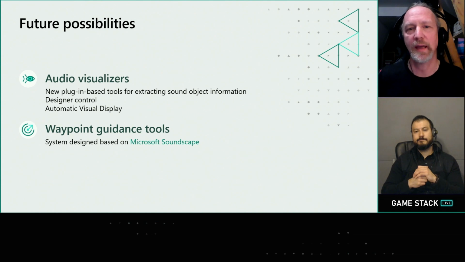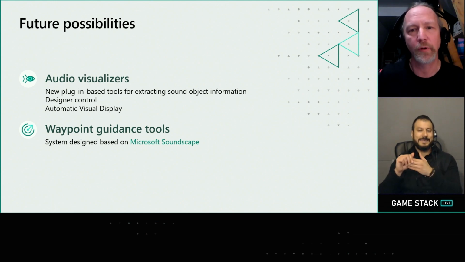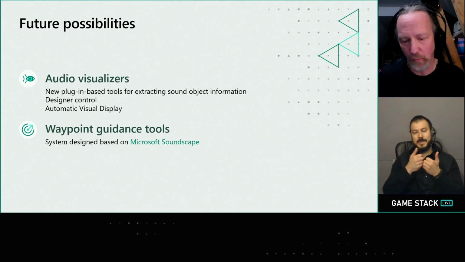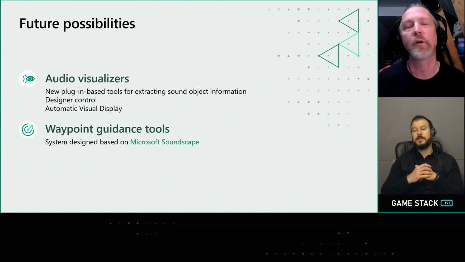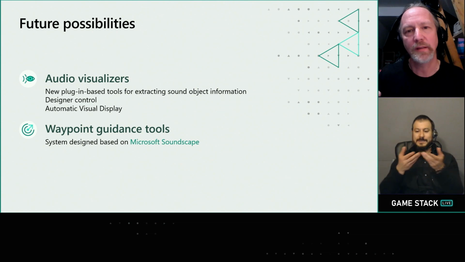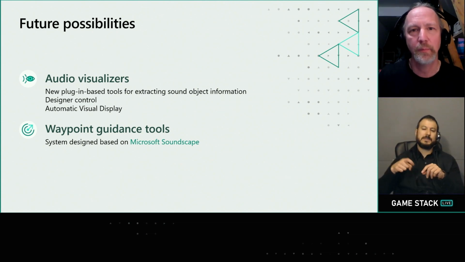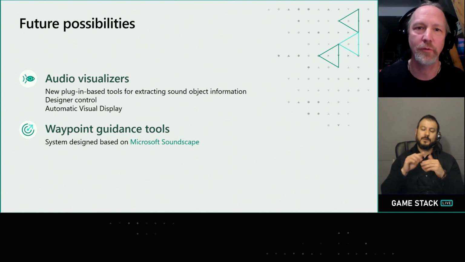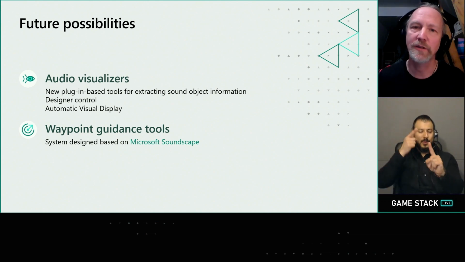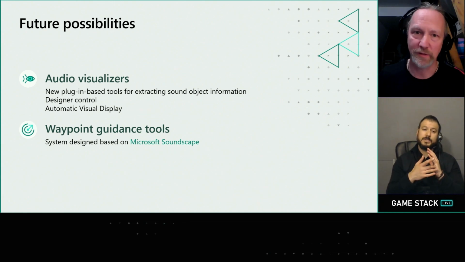We're also looking at bringing technology for guidance in games for gamers without sight. We're able to paint the world with acoustics and spatial sound, but we also have needs to be able to guide players to goals within the game. And so there's a technology that came out of Microsoft Research.